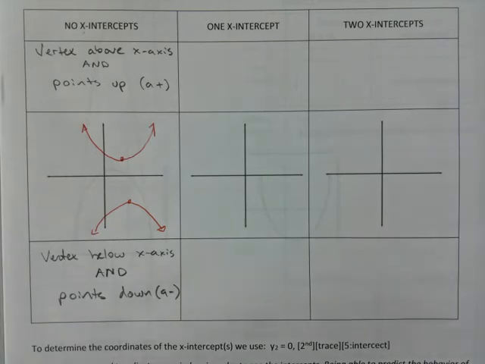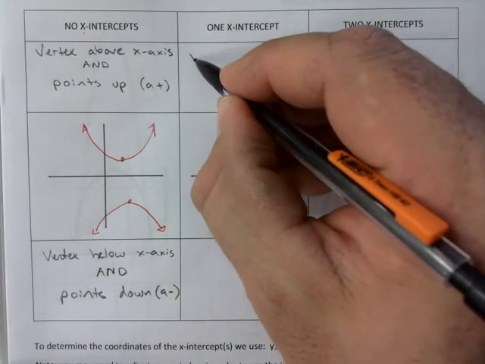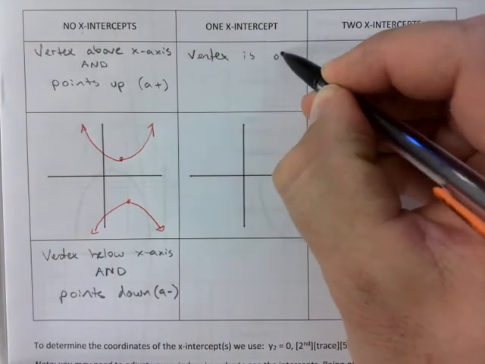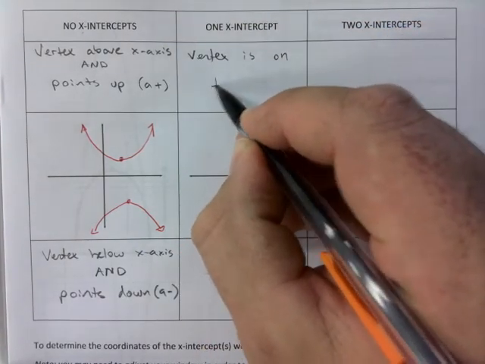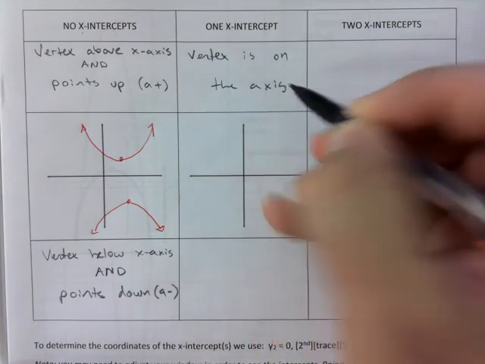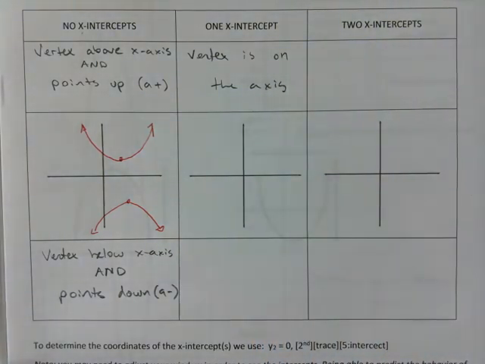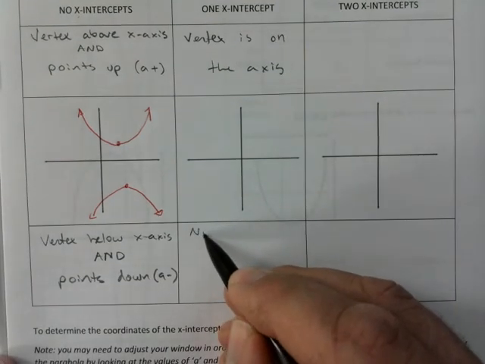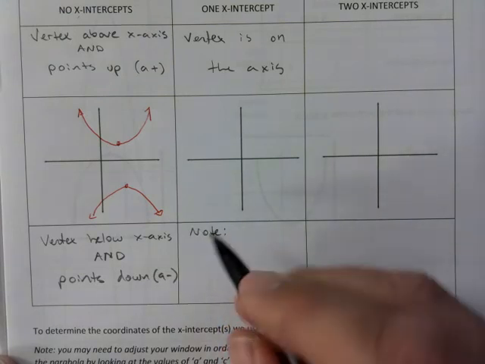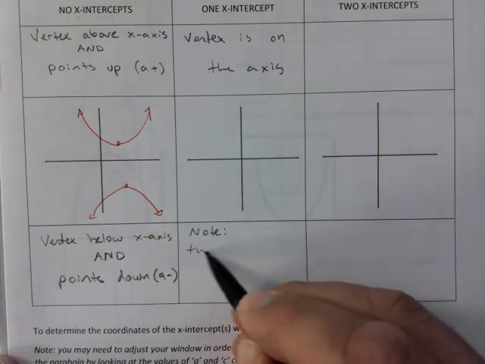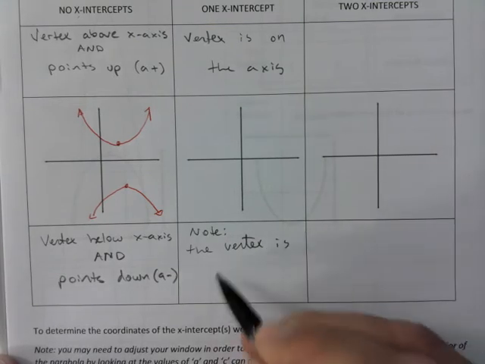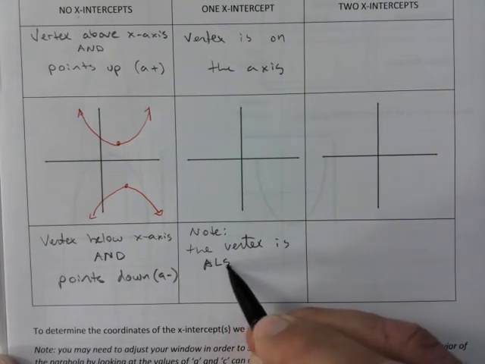Vertex is on the x-axis. And I'll make a note here. The vertex is also, what else?